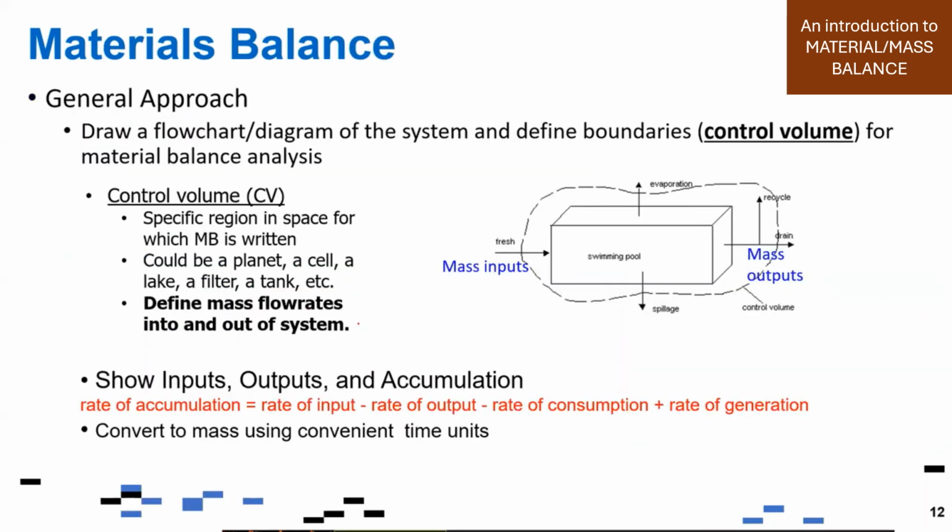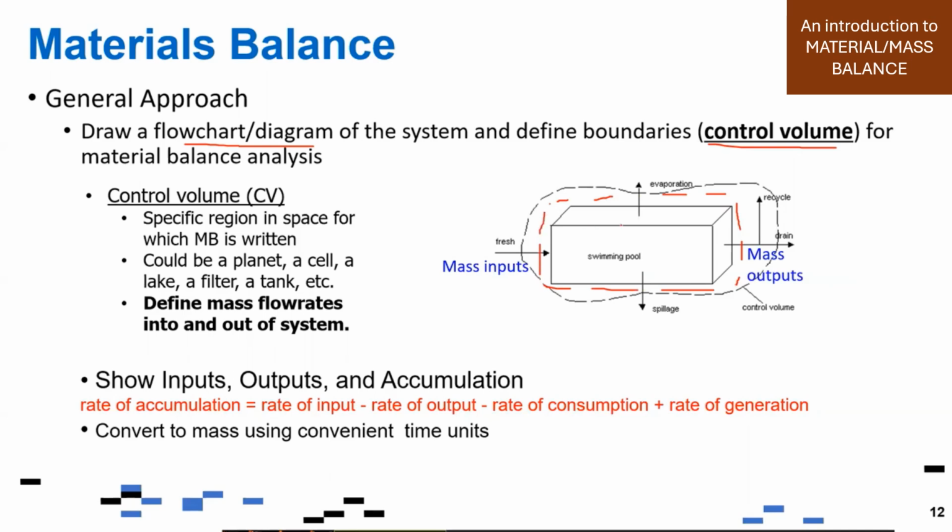All right, so what is the approach for solving mass balance equations? The first one is to draw a flow chart, diagram, or schematic and identify the control volume. What are the boundaries? In this example, this is a swimming pool. If we make it the control volume, the whole swimming pool is the control volume.